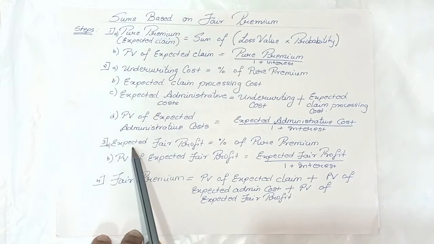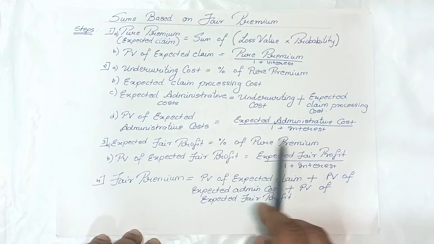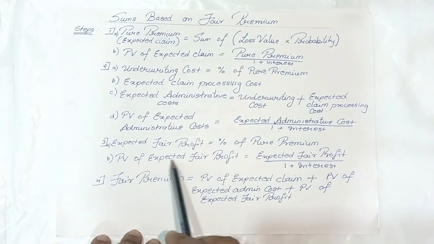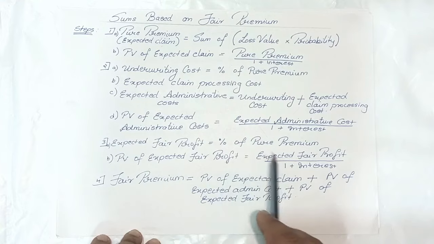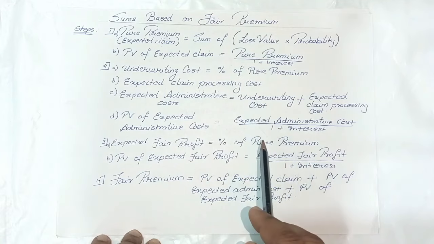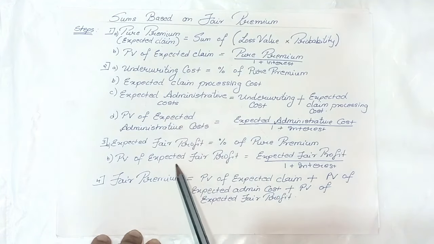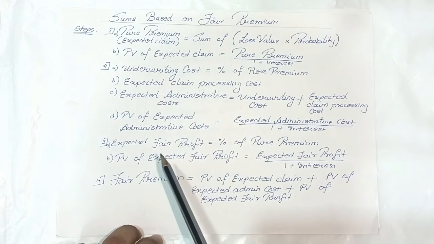First we need to find the expected fair profit, which again will be a percentage given in the question, taken over pure premium. Once we have got that, we can find the PV of expected fair profit, which is the expected fair profit divided by 1 plus the interest. Once we have all the three values, fair premium is equal to the first answer plus the second plus the third, and that will be the final value.